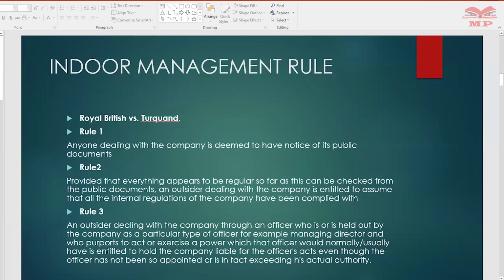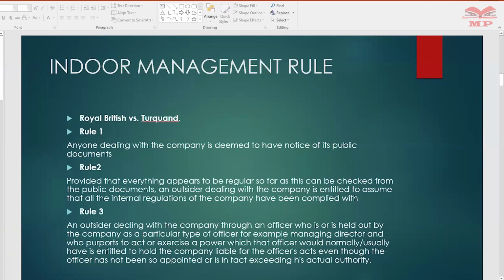The director has acted ultra-vires to his powers, but the company has powers to go way over and above that. And what happens is that this borrowing can be ratified and validated by the company. And if the company ratifies and validates it, both the lender and the company enter into a contract as if it was valid from the start.